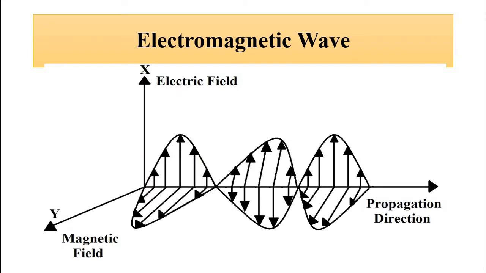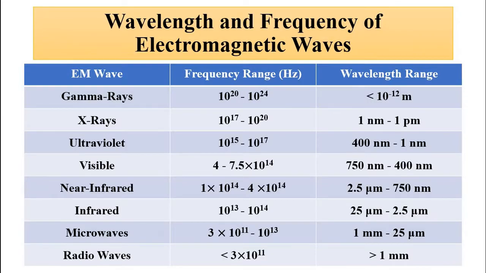So just a quick refresh. Light is a form of electromagnetic radiation. It is divided into different portions in terms of their frequency and wavelengths, which gives us the electromagnetic spectrum.